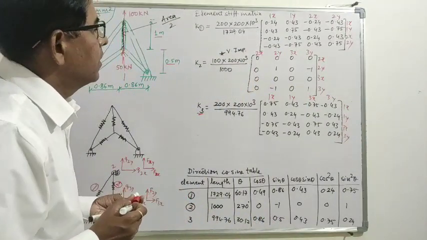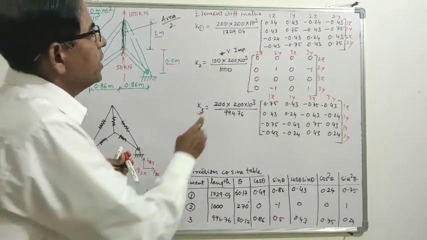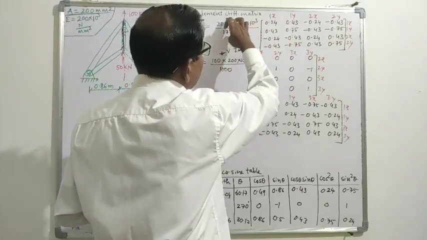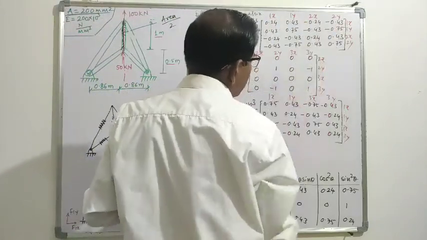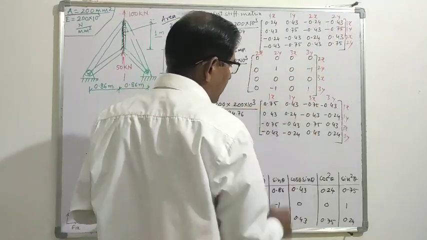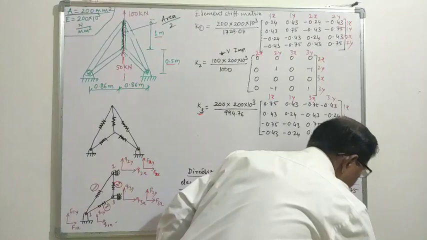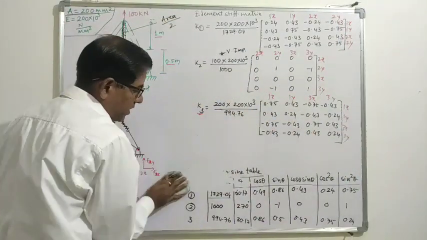Okay. Now you keep 10 to the power 3 outside, and the rest of this multiplication is multiplied by this whole matrix, and then we assemble a global stiffness matrix here.